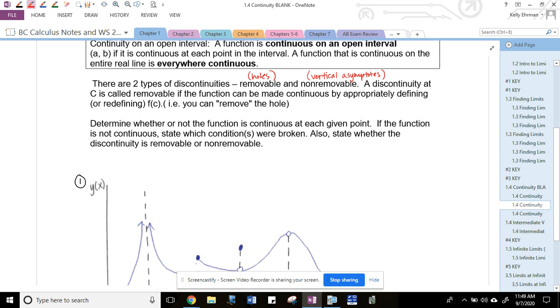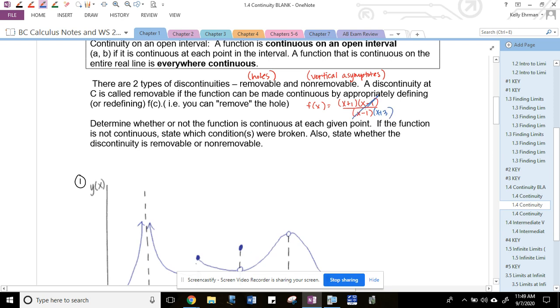A discontinuity at c is called removable if it can be made continuous by appropriately redefining f of c. So again, all that means is I can redefine f of x by just simplifying something. So let's just say this is my function. Maybe f of x is x plus 1 times x minus 1 over x minus 1 squared. Oh, that's a poor example. Sorry. Let's say times x plus 3.